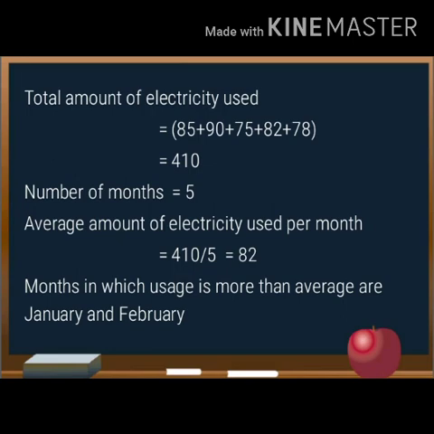Now we want to check which are the months in which usage is more than the average. Here January and February are the months in which the usage of electricity is more than average. The average is 82; in January it is 85, and in February it is 90.